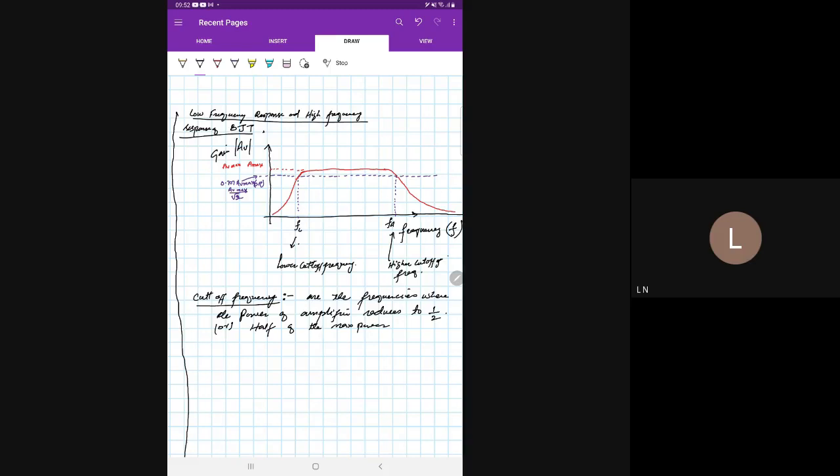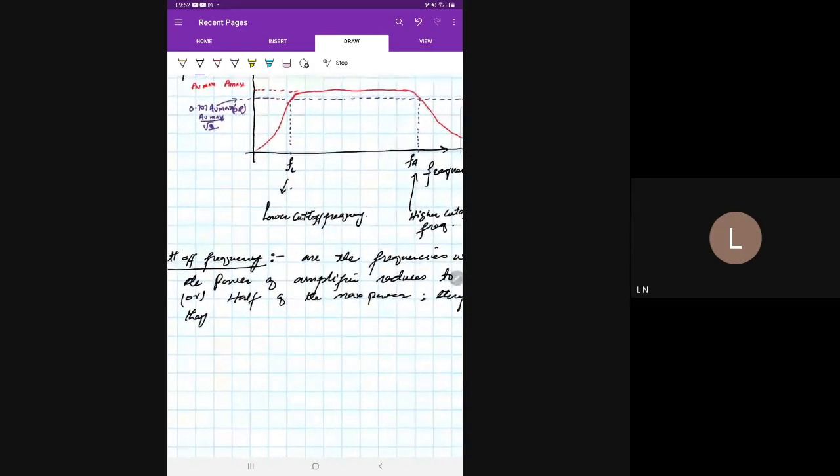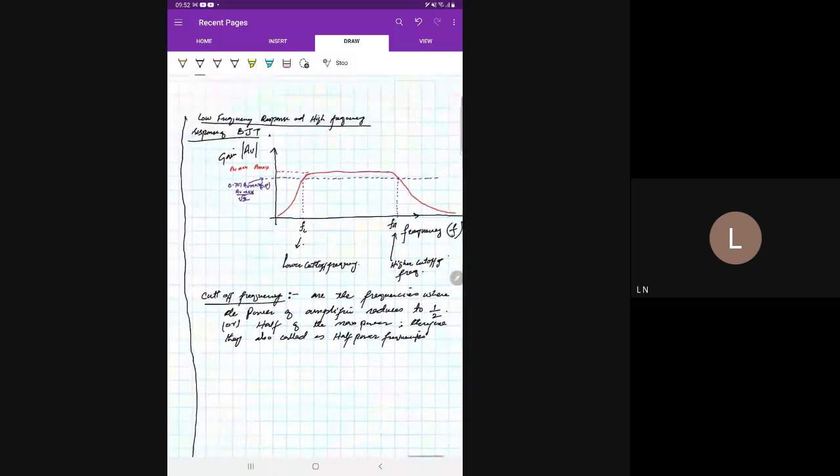Therefore they are also called half power frequencies. So we have two types of half power frequencies or cutoff frequencies.